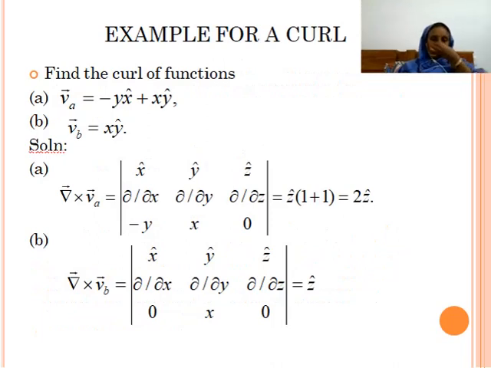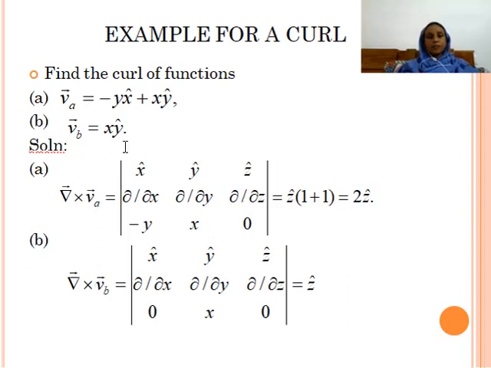Now we can find the curl of certain functions. The first function is y x cap plus x y cap. The second one is x y cap. If you find del cross VA, you write this determinant, and evaluating it you get z cap equal to 1 plus 1, that means 2 z cap.